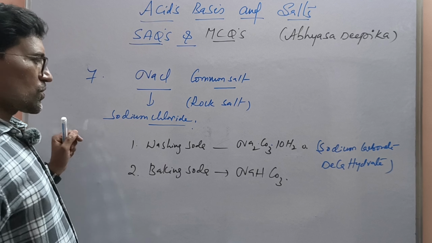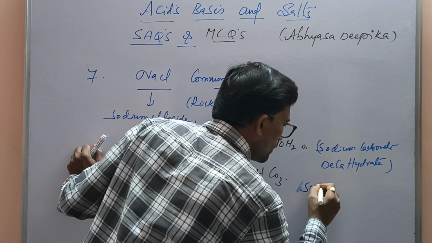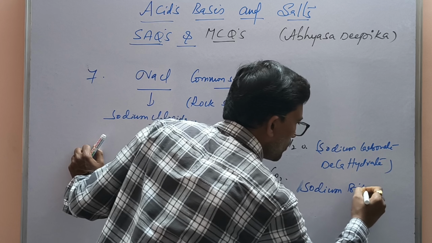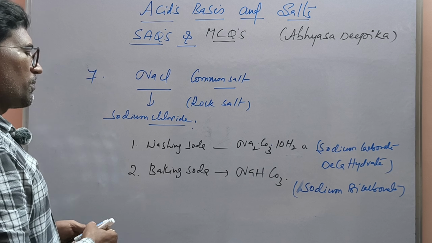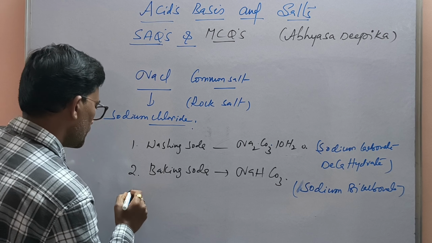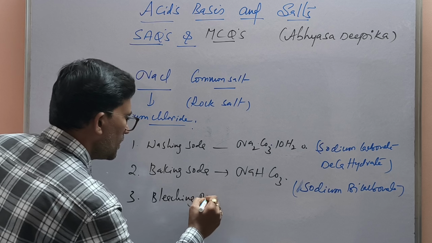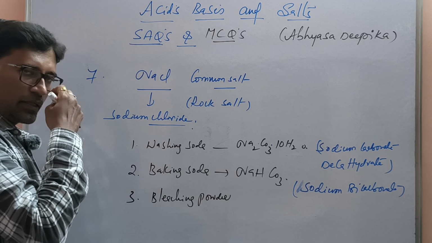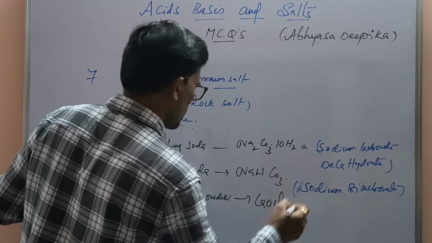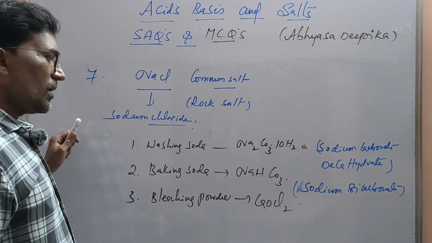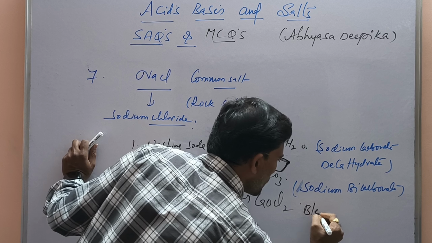Next one is baking soda, sodium bicarbonate. It is chemically called sodium bicarbonate. One more is bleaching powder, the third one, CaOCl2, calcium hypochlorite. This is called bleaching powder.